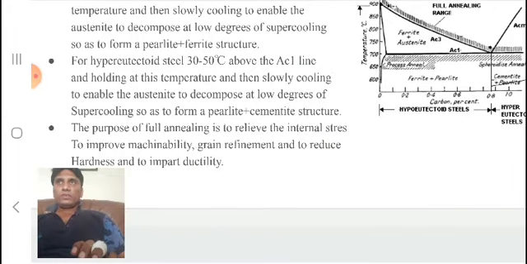The main difference between hypoeutectoid steel and hypereutectoid steel is that in hypereutectoid steel the structure we get is pearlite plus cementite, and in hypoeutectoid steels it is ferrite and pearlite.